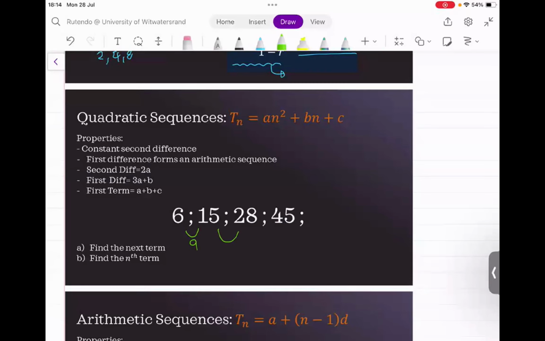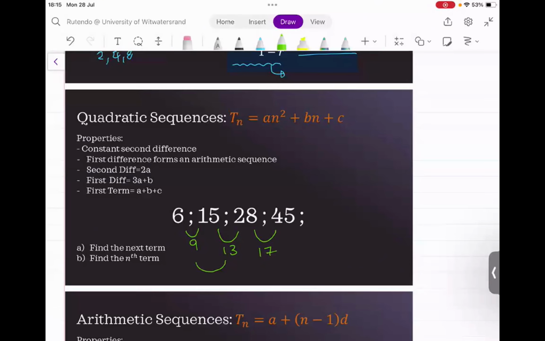Perfect. Then 15 and 28, that's 13, and 28 and 45, that's 17. Perfect. And so now we see, oh no, we don't have a common first difference, so that should be a hint. Maybe it's got a second difference that's the same, okay?